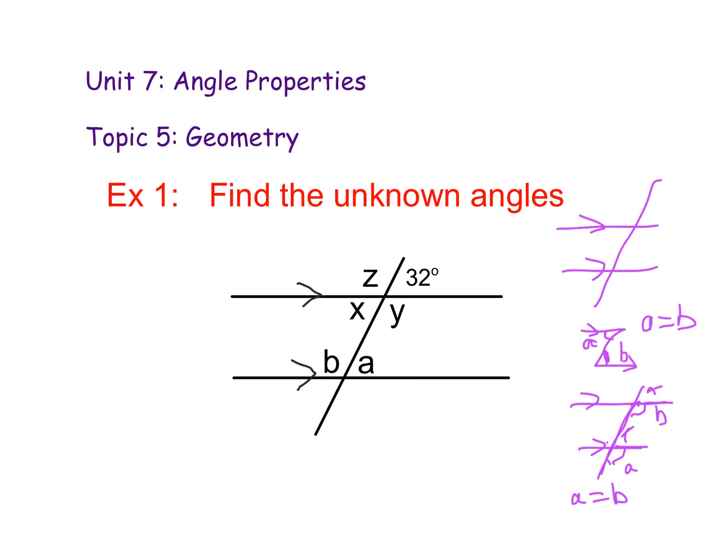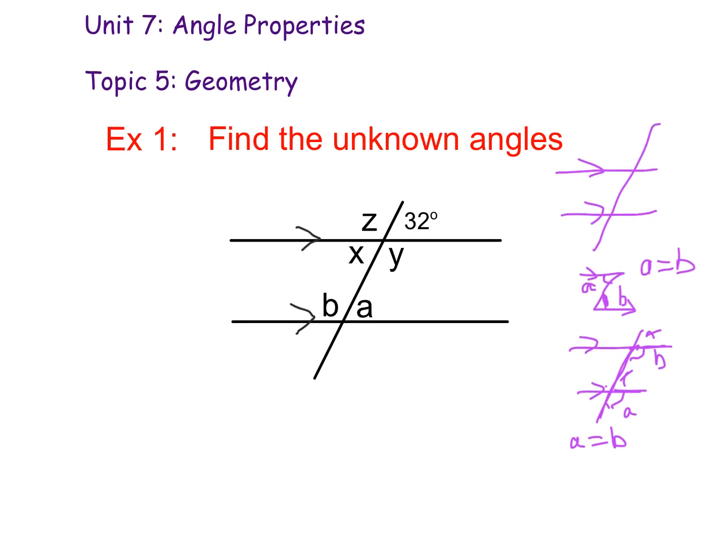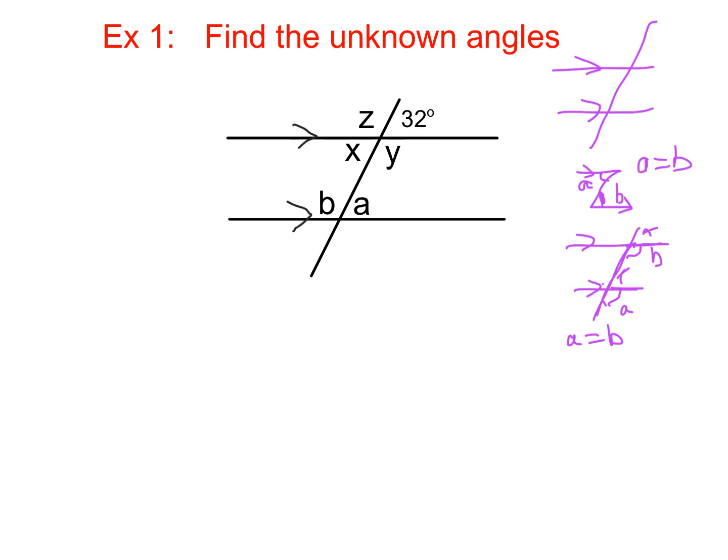There's one more angle property with parallel lines, and that's the C pattern, but we don't use the C pattern very much. C pattern is the letter C, and if we have an angle here and call that A, and an angle here and call that B, then A plus B always adds up to 180 degrees.